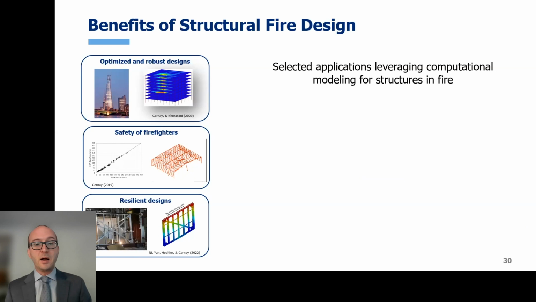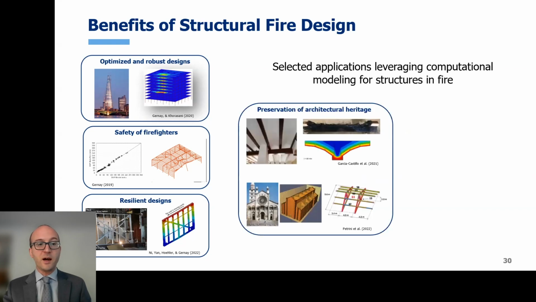So these were some illustrations, some examples of benefits or applications of modeling in structural fire design. There are more. For example, in some research projects, scholars have looked at preservation of architectural heritage, so using modeling to find strategies to make heritage building safe.